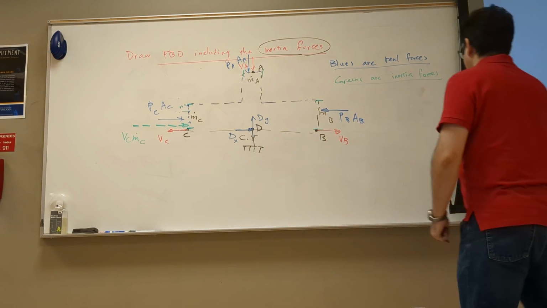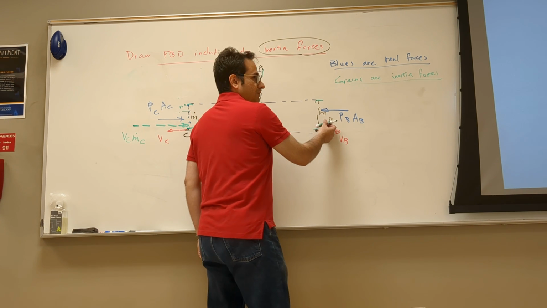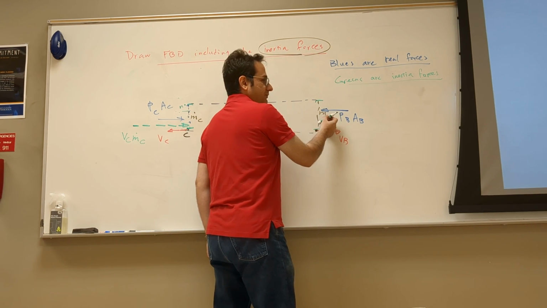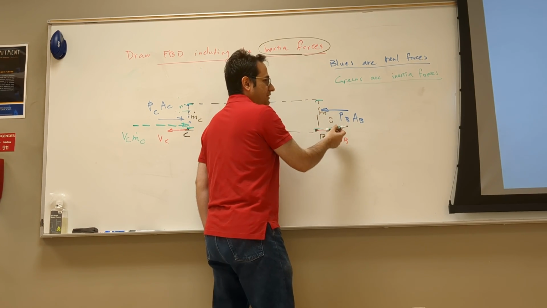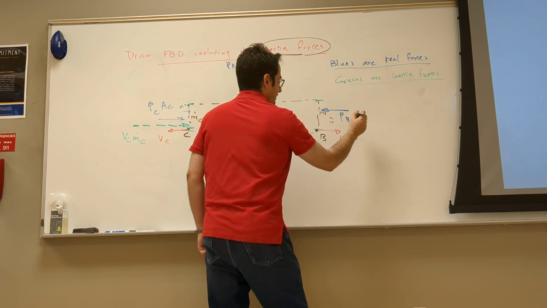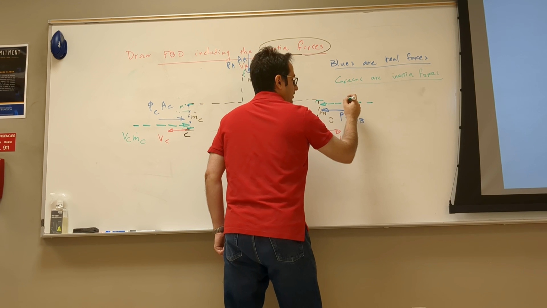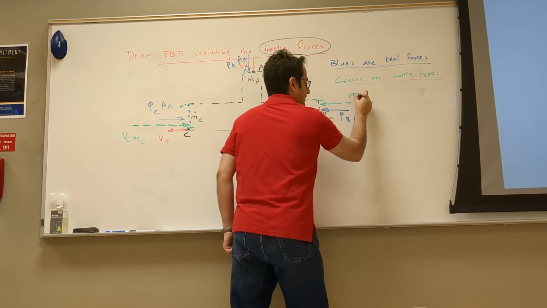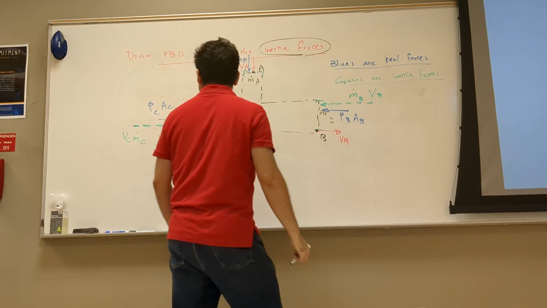So V is this way. So what about V dot n? Same direction. So V dot n is positive because n is going this way, and V dot n positive times positive V, the entire thing is positive. So when you put it on the FBD, how do you put it? The opposite. So that's what you write here: m dot B times V_B. Just like that.